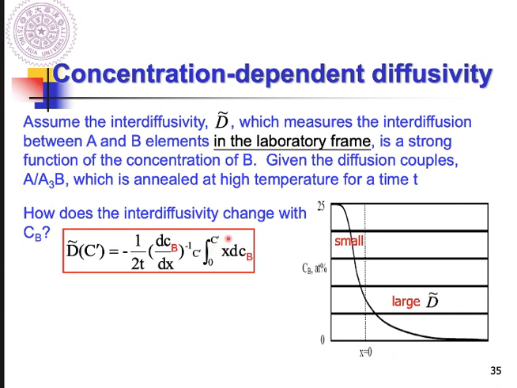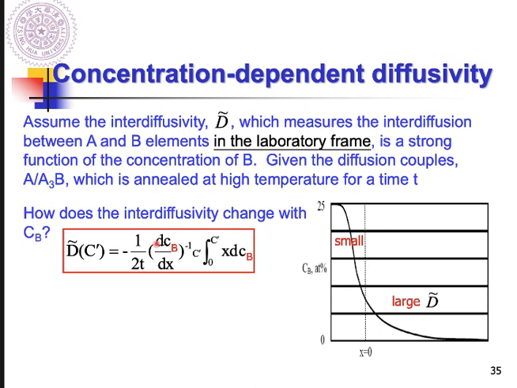It is not a dominant term in the value of diffusivity. In most cases, because the slope changes a lot in this profile, we just consider the difference in slope, okay?